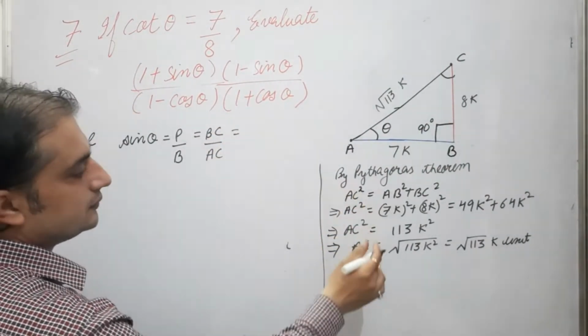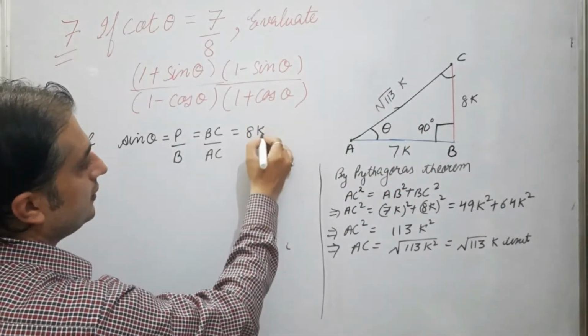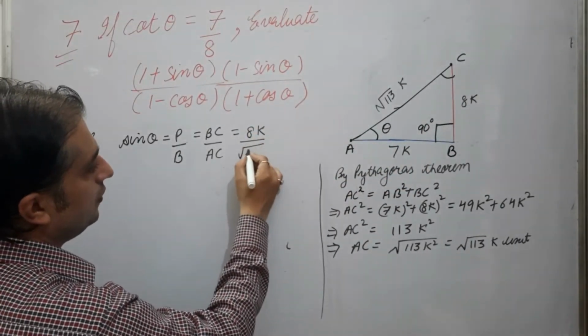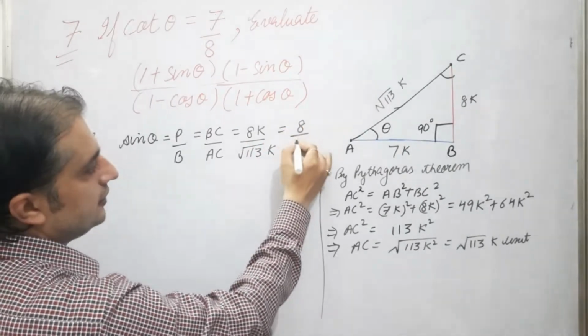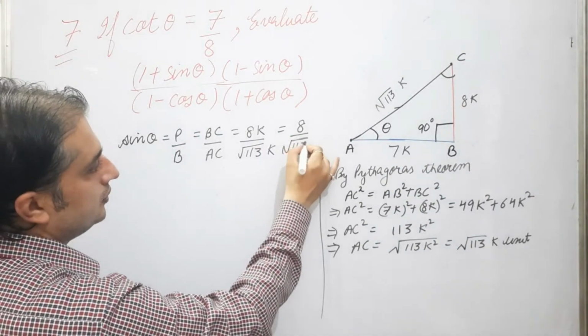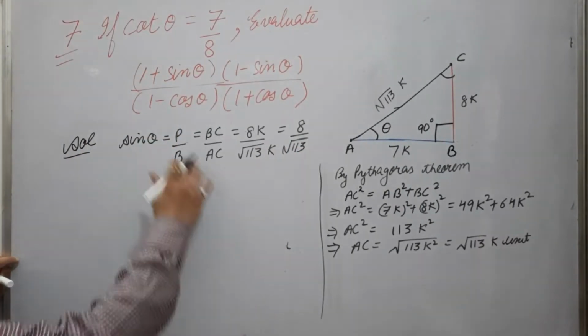So BC is 8k and AC is root 113k. So k cancels out with the k. The remaining is 8 over root 113. We need the sine theta because we have to evaluate the expression.